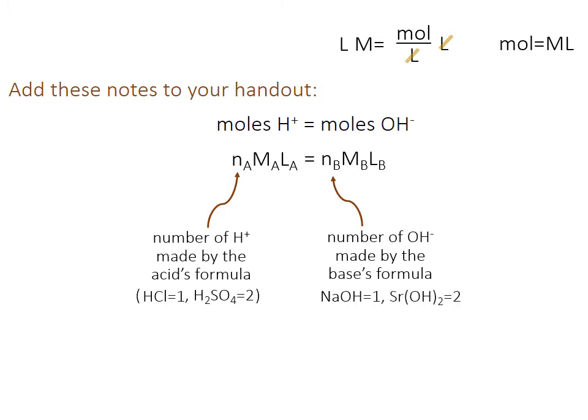But strontium hydroxide makes two OH-, so the Nb value would be 2. And if we had a different strong base, something like BaO, barium oxide, that would also produce 2 hydroxides, so the Nb value would be 2. Again, please copy this down into your notes.